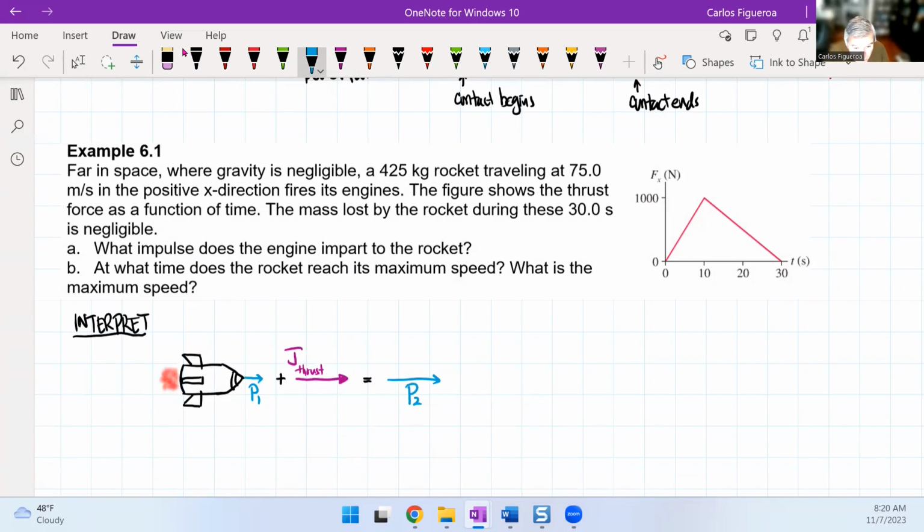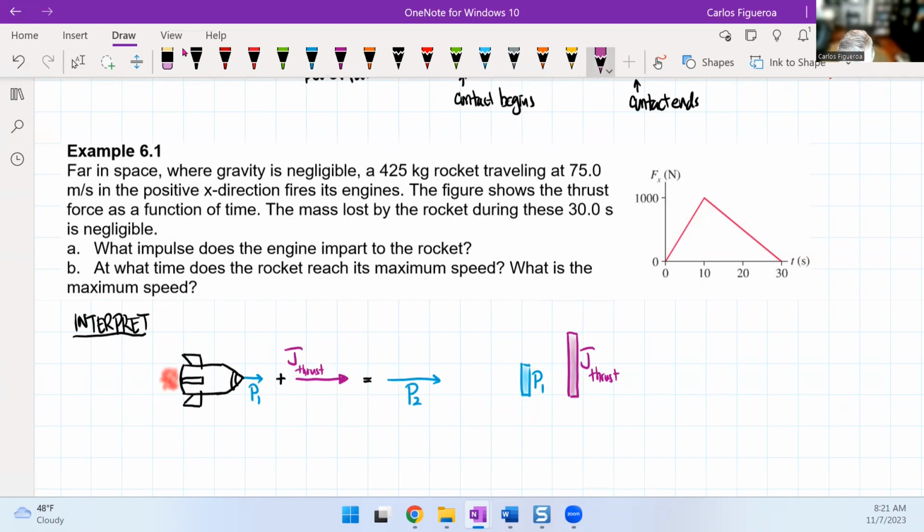If I was to draw this on a bar diagram, I see that the momentum of the rocket initially starts like this. And what happens? The thrust comes in and adds this much impulse to the rocket.